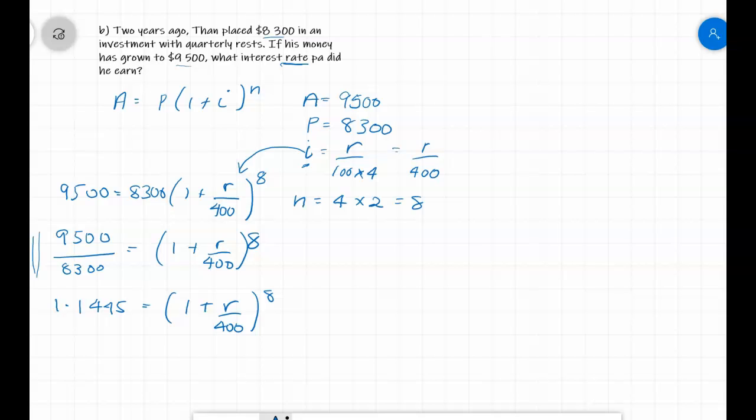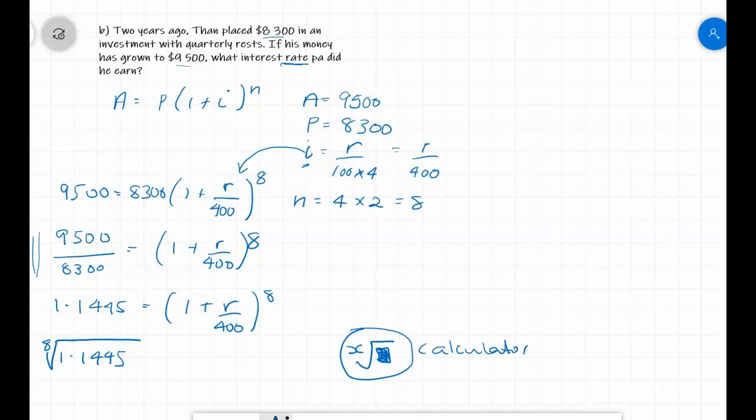Alright, so now I can find the 8th root. That's a button on your calculator. It's a second function, and I think it looks something like this. You need to put in an 8 where the x is.